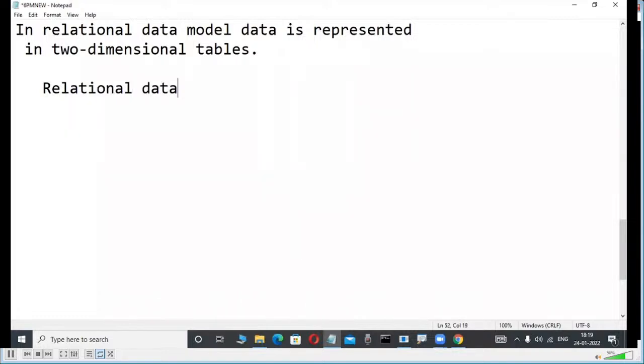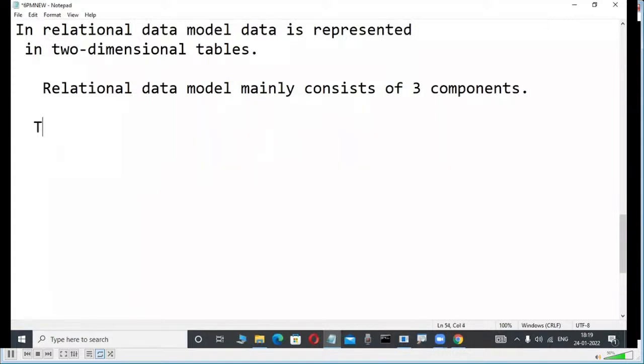Any relational data model product we observe mainly consists of three components. What are those components? These names you must be familiar with before we start our course.